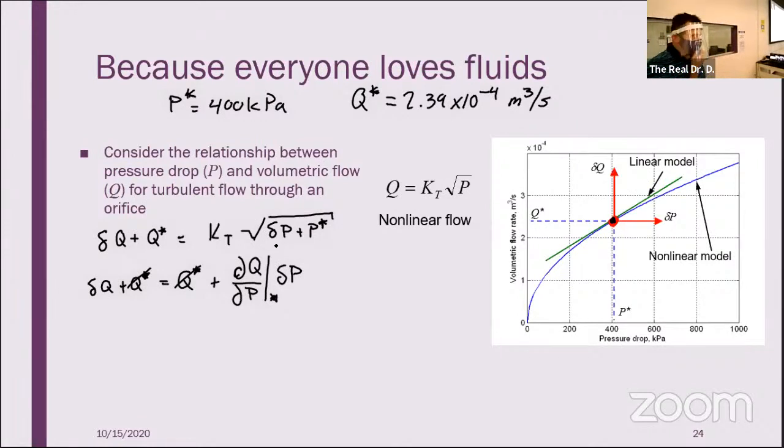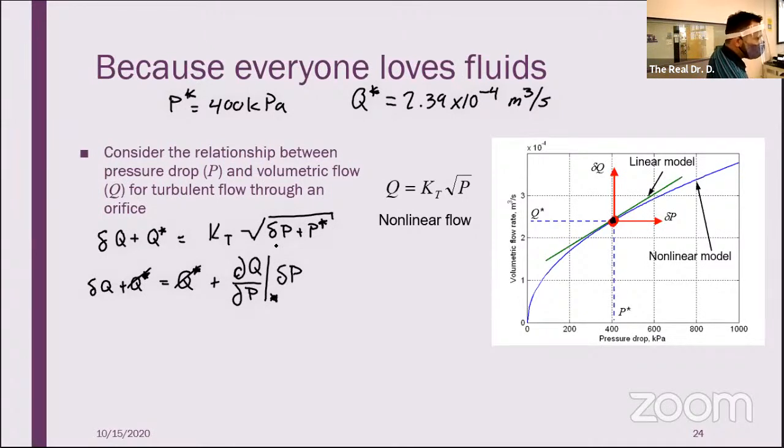What happens if you take the partial of this function with respect to Q? Zero, right? The partial of K_T with respect to P, well, none of that changes with Q, right?